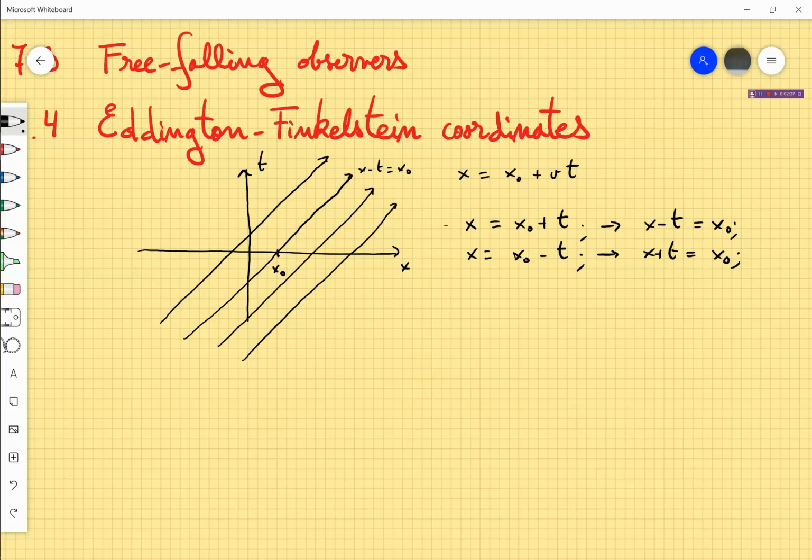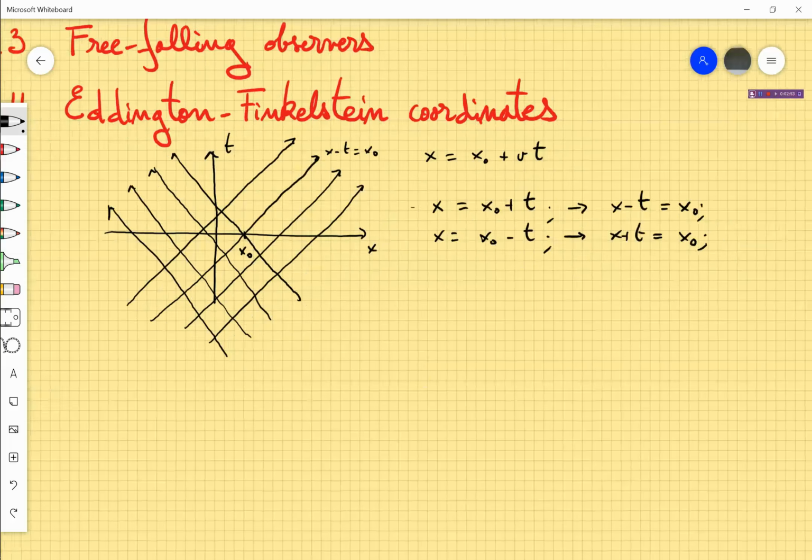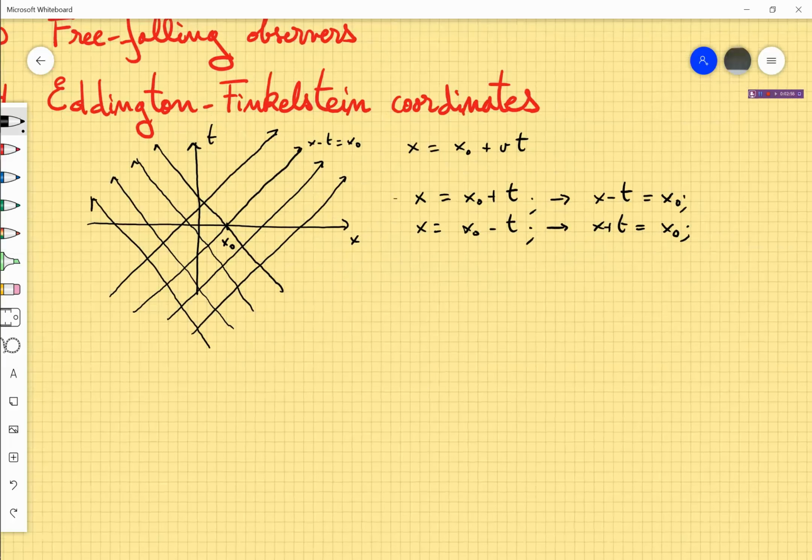And the other ones, on the contrary, also cross the axis x at x0, and if we let x0 change, we get these lines. If you want, they are directed in this direction.